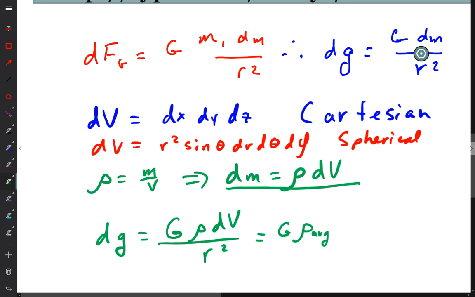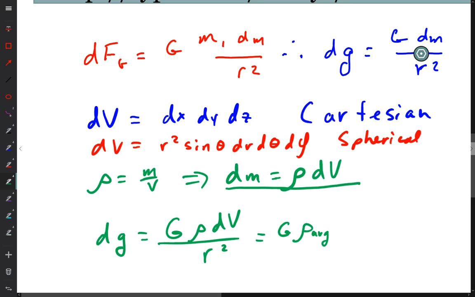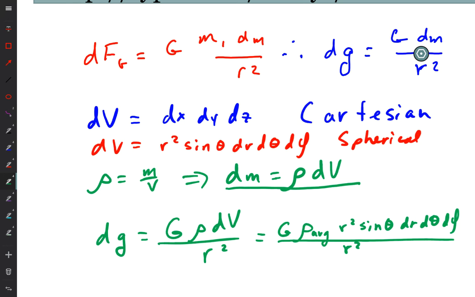our first approximation was saying that the density is the average density of the Earth. And then for dv, I'll put in r squared sine theta dr d theta d phi. And of course, it's all over r squared. And that's really, really convenient, because what happens with my r squareds?